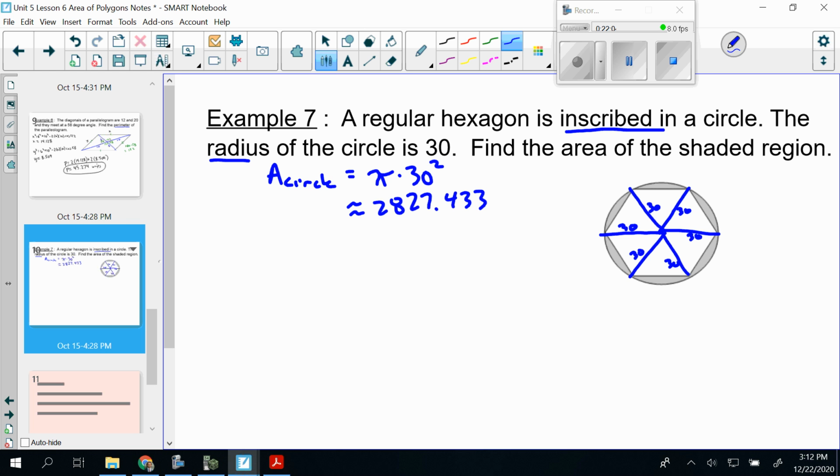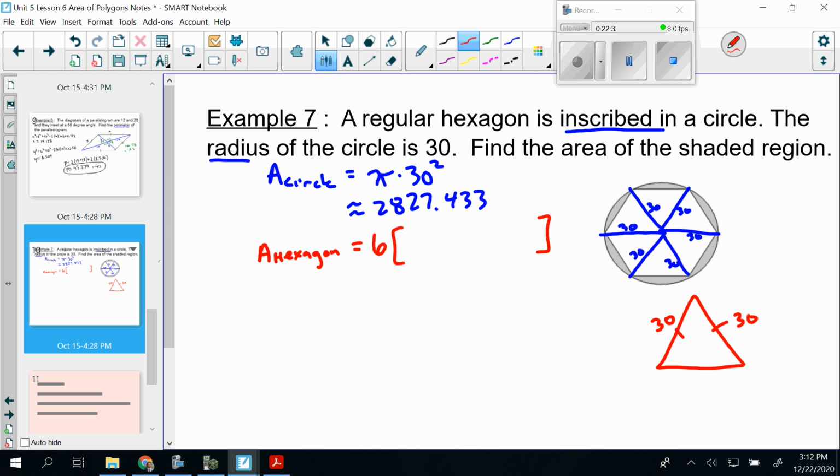Now let's get the area of the hexagon. And once we know that, we can subtract them and get our answer here. So the area of the hexagon is going to be 6 times the area of one of those triangles. Let's see if we can figure that out. We know that each of those lines are 30. So that's 30 and 30.